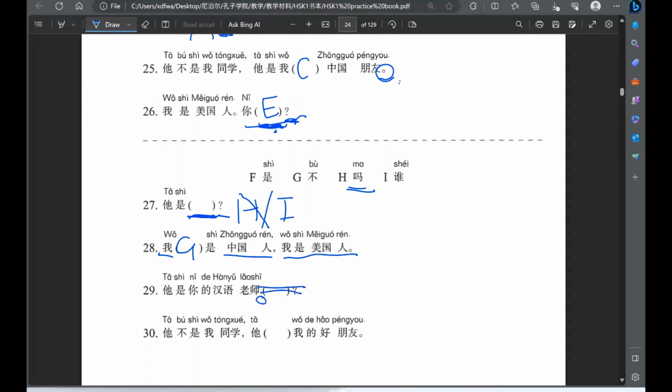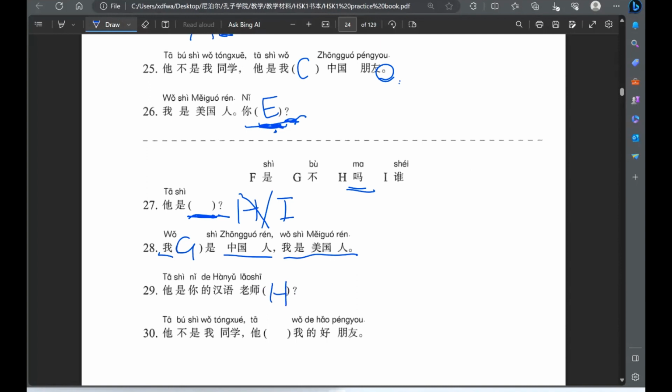Question 29. 他是你的汉语老师 Already a whole sentence, if there's a full mark here. 他是你的汉语老师。I am introducing him to you. He is your Chinese teacher. Well, if we put a bracket at the end and a question mark, that obeys the rule when we use ma.